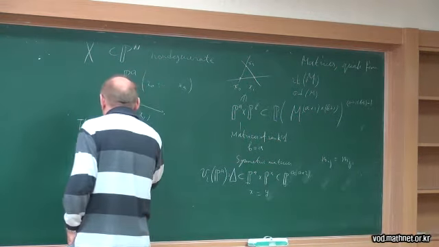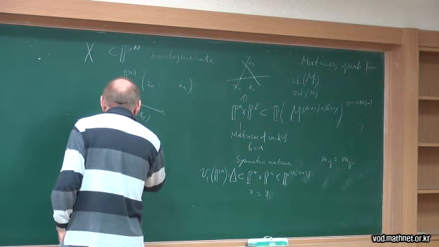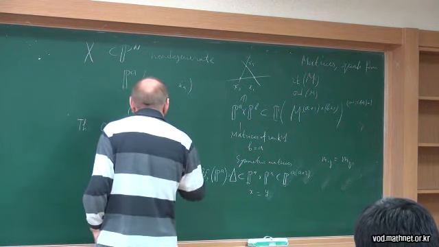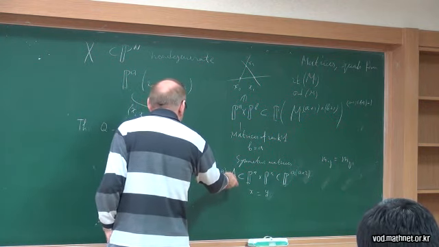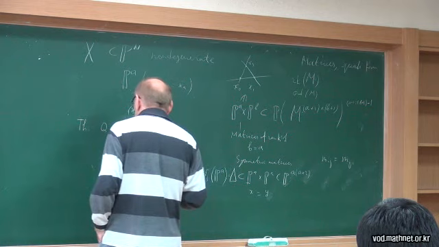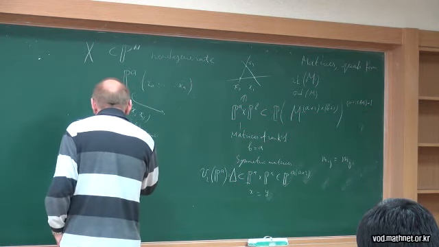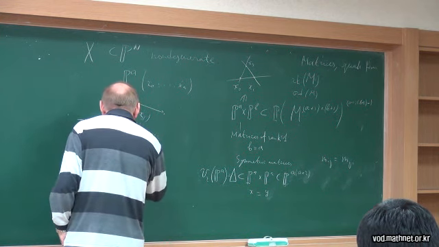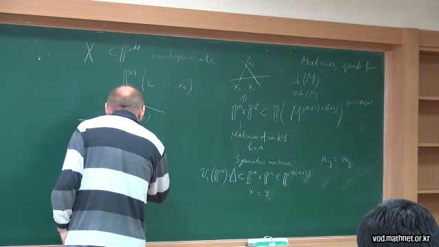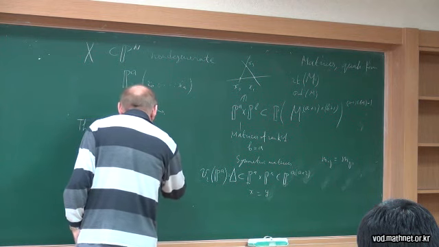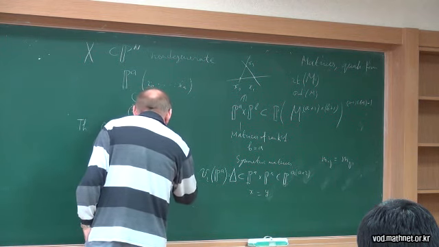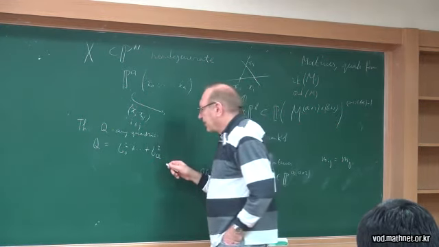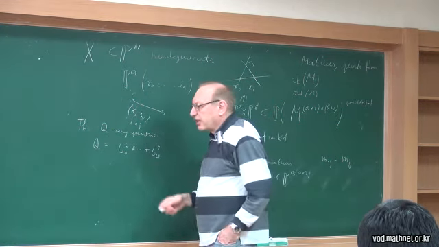Take any quadric Q of a variables, or a plus 1 variables in projective terms, then Q has the form of a sum of squares, where these are linear forms. Some of them may be 0.